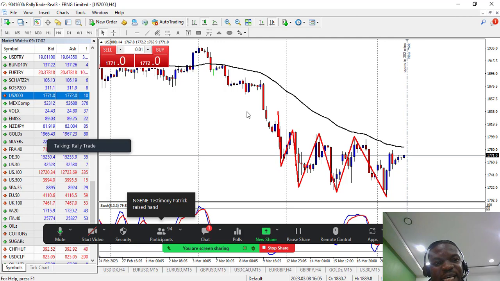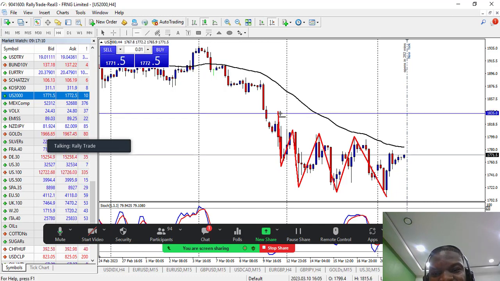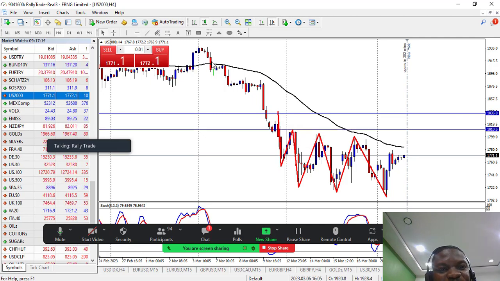You notice that it has been so careful that it has not taken out the high. This high was maintained. This other high was maintained. It could not take out this high. It was not a mistake.